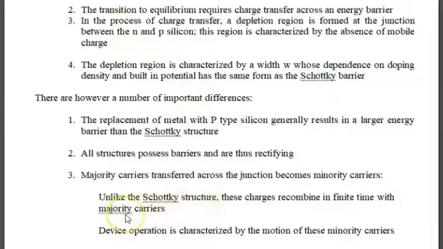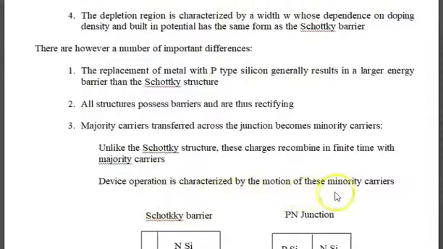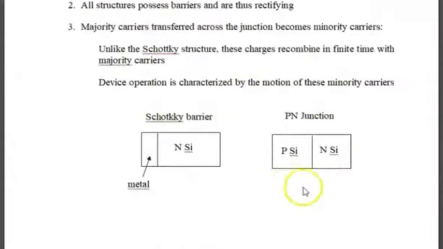For example, if we had an N-type rectifying Schottky barrier, the carriers for current were electrons. Here, this is really the main difference between the p-n junction and the Schottky. In the p-n junction, we're going to be characterized by minority carriers. And I want to explain that just a little bit further as a preview.